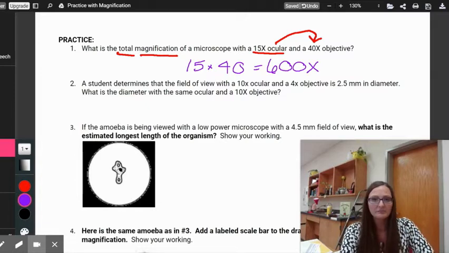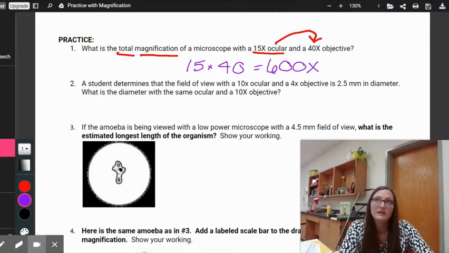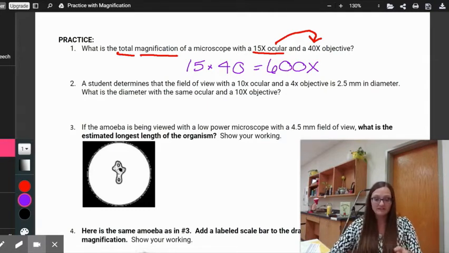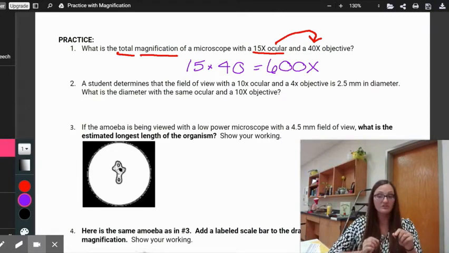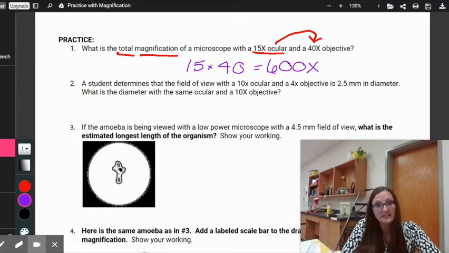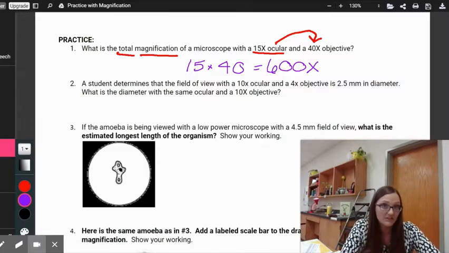And so that's what we're doing. When I say the ocular refers to your eye, when you're looking at a microscope, it either has one tube to look through, or it'll have two, one for each of your eyes to look through. And that part is called the ocular lens, and it always has its own magnification on it.